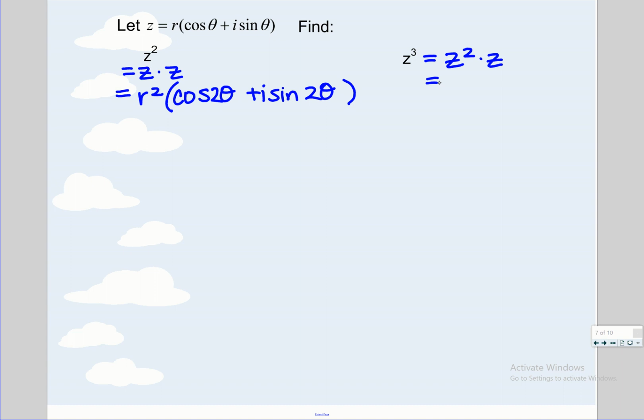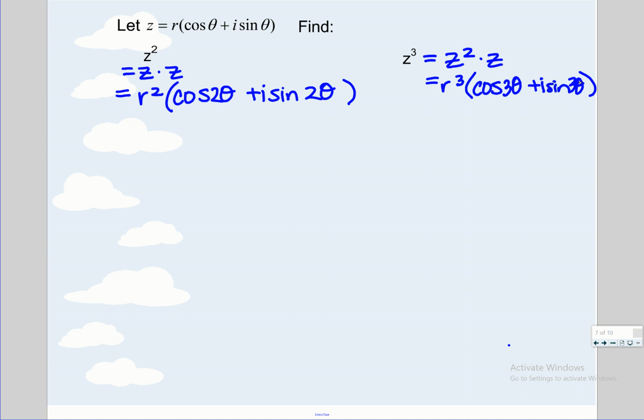Multiply those together, you get r to the third. And then again, it's going to be cosine theta plus i sine theta. To get that theta, again, I add the thetas I have. I have a 1 theta and a 2 theta. If I add those together, I get 3 theta. Okay, so you've got z to the first, z to the second, z to the third.